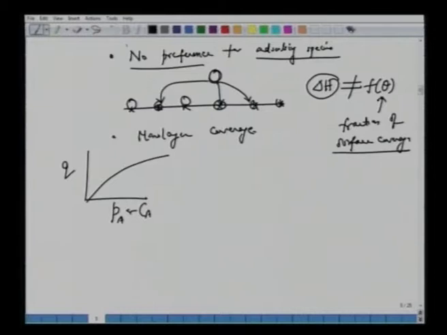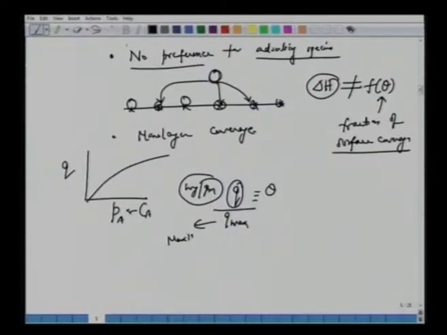Based on these two assumptions, one can show that we have a relation like this: q or theta, the fractional surface coverage, where theta would be q over q max, the actual loading over the maximum loading. Essentially, q has been non-dimensionalized by q max, so theta equals q over q max.